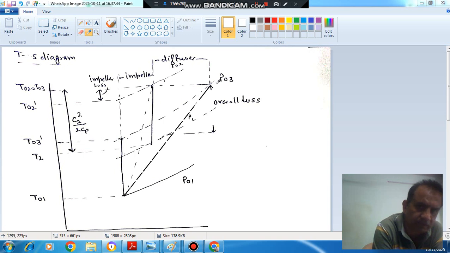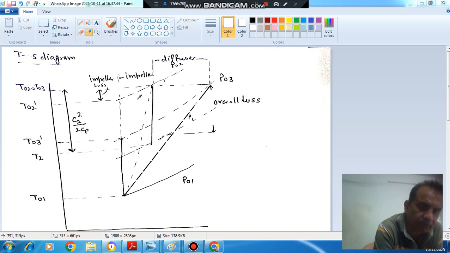But actually the temperature is T02 or T03. If the process were isentropic, the temperature would have been T03 dash. So this represents the overall loss. This is the extra temperature rise in the compressor, from T03 dash to T02 or T03.